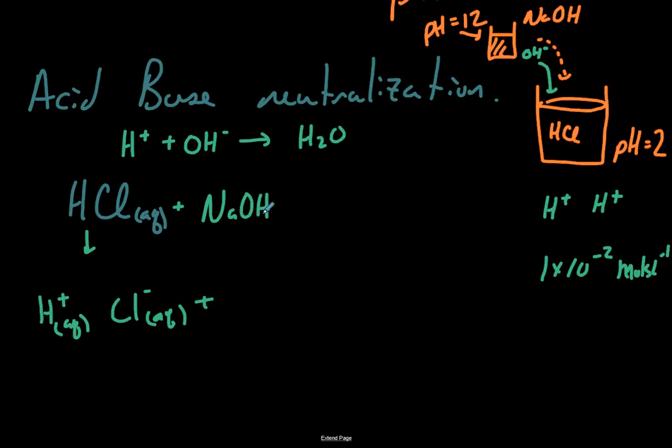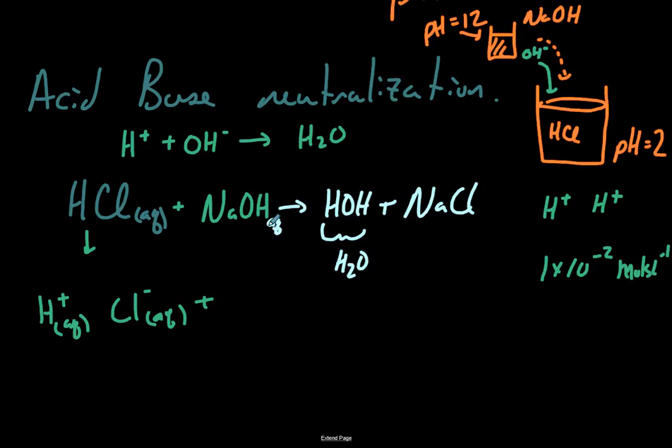Now if you saw this, you would say this looks like a double displacement, and it is, but it's a special kind of double displacement where the H plus and the OH minus come back together to form water, HOH, which we draw as H2O, and then you end up with NaCl, an ionic compound. That should be balanced.